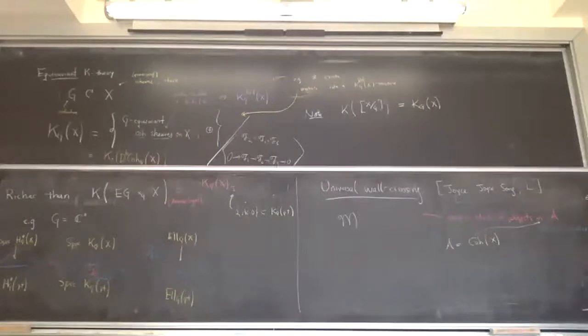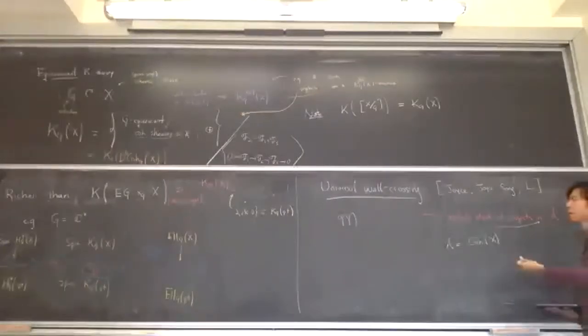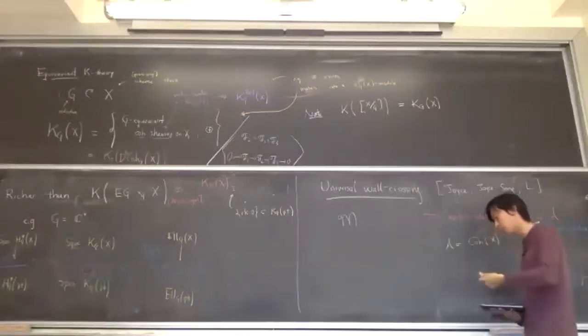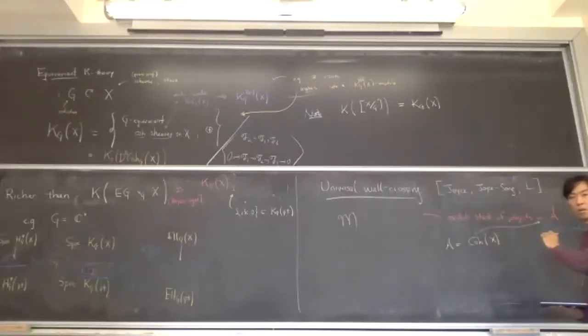At some point I'll need some virtual classes, so you can do this in whatever generality you can construct virtual classes. It's possible that a lot of the algebraic constructions which I'll explain work over not just an arbitrary field, but maybe even an arbitrary ring.